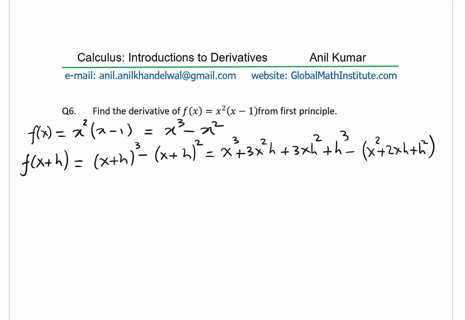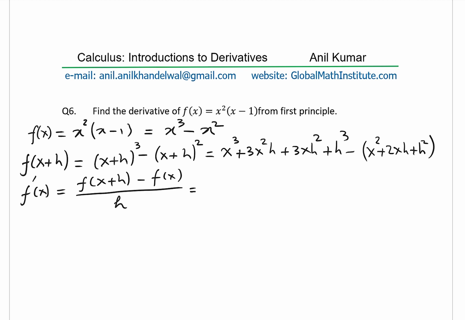And f of x is already given to us. When we say derivative, that means we'll apply the difference quotient, which is (f of x plus h minus f of x) over h.